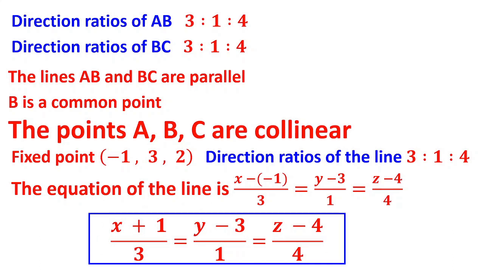Here the thing is that if collinearity is asked, it can be proved in any fashion, but you have been asked to find the equation of the line also. Therefore we are using the direction ratios idea. Get the direction ratio of AB and BC or AB and AC, prove that they will be equal. They are having a common point, therefore collinear, and you can write the equation of the line containing them.